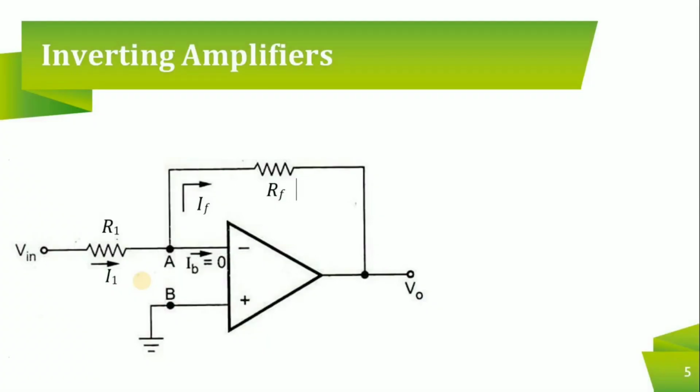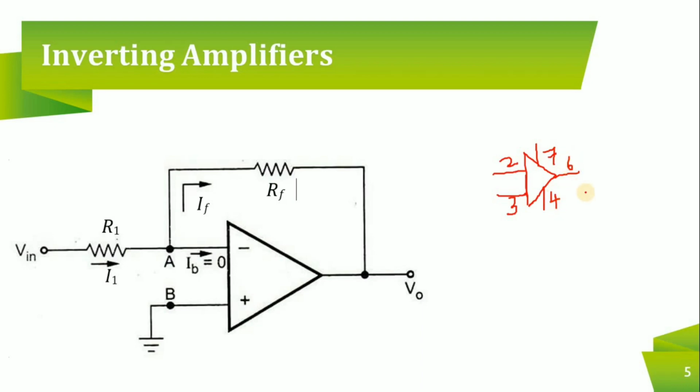Okay. Now coming back to inverting amplifier. Firstly, to write a circuit of inverting amplifier, first I have to write the OpAmp. So OpAmp has 5 terminals. This is inverting terminal, non-inverting terminal, plus VCC, minus VEE and output.